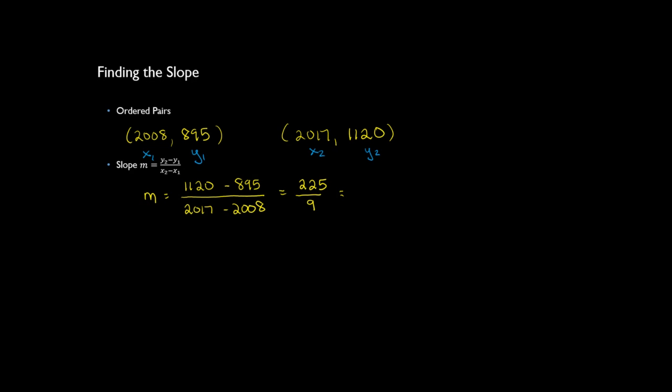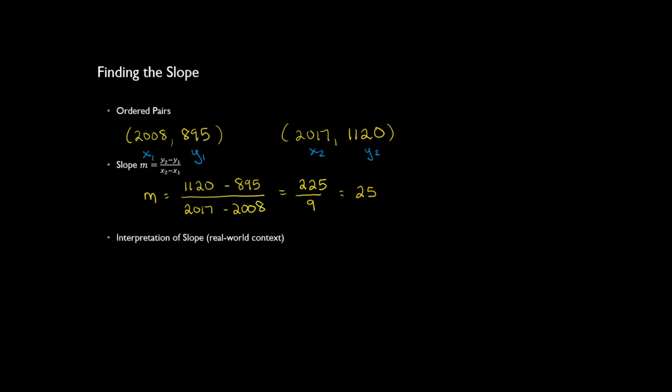But if it's not a real world problem, we usually leave it as a fraction reduced, but actually this divides out to a whole number, so we got lucky. Most of the time you get decimals. So I just got lucky and I got a whole number here. So our slope is 25. So it's positive, which means that it goes up, and you could see that on the graph. It was moving up, and then 25 is just telling us how steep it is.